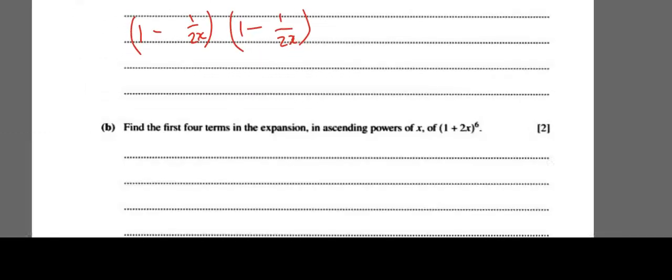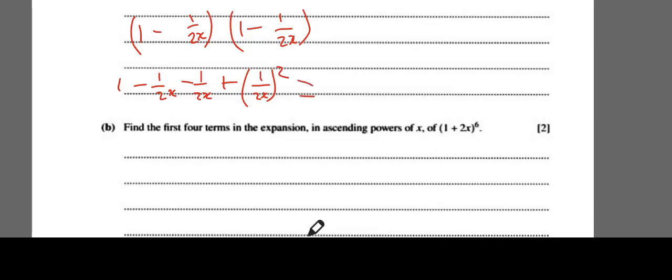So this becomes what? 1 minus 1 over 2x minus 1 over 2x plus 1 over 2x, right, squared.